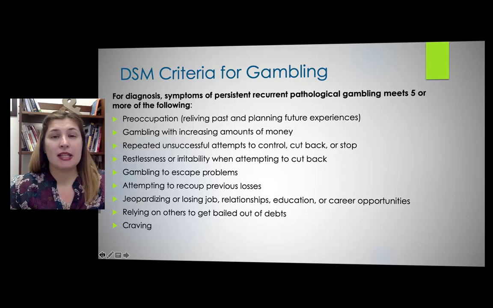They need to exhibit at least 5 or more of the following criteria over a 12-month period to be considered a gambling addict. One of the criteria is a preoccupation, either reliving the past or planning future experiences that revolve around gambling. Another criterion is gambling with increasing amounts of money.